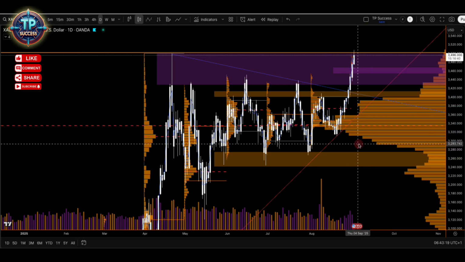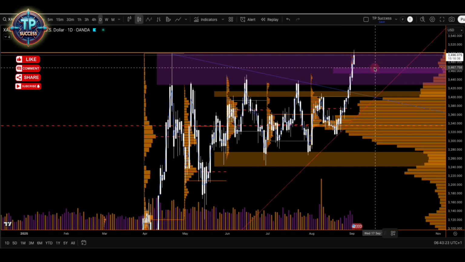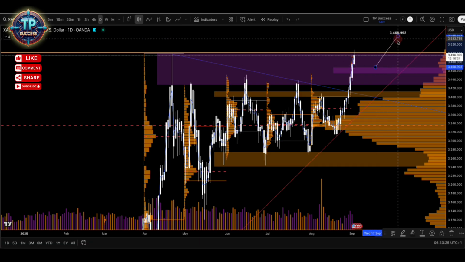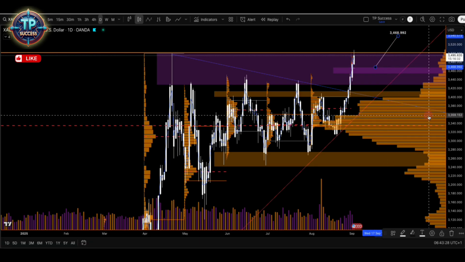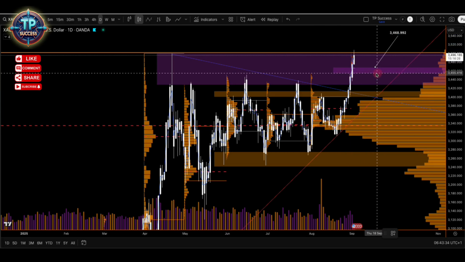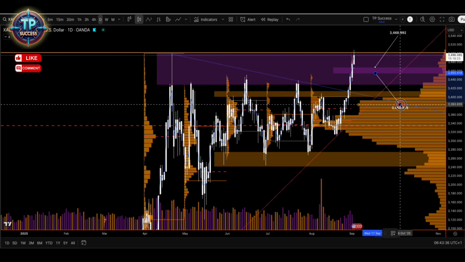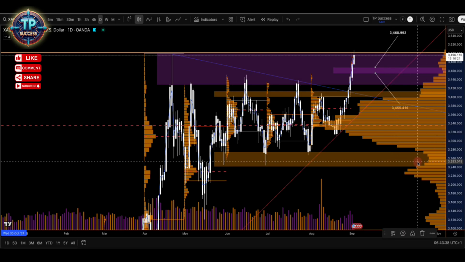So the level in question, and this is the level that it has blown past, right? So the level in question is 3468.99, right? And the lower side of that level is 3455.41, right?